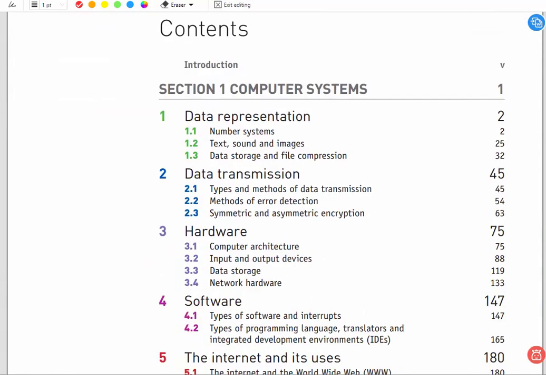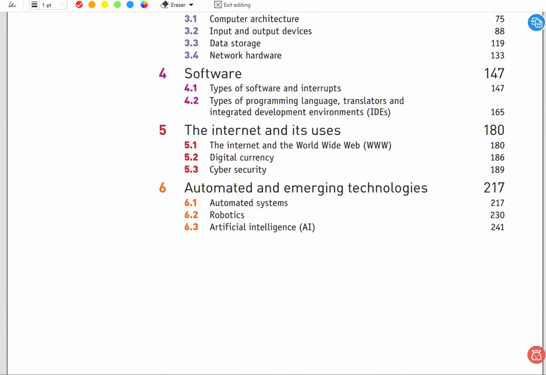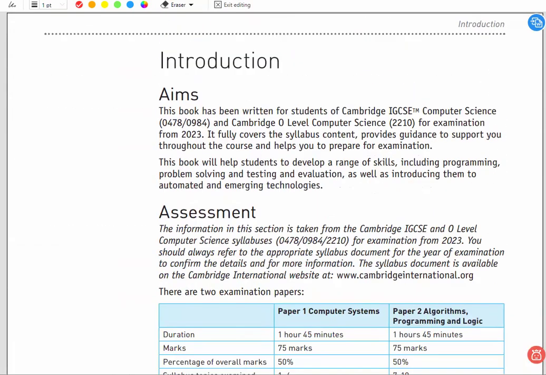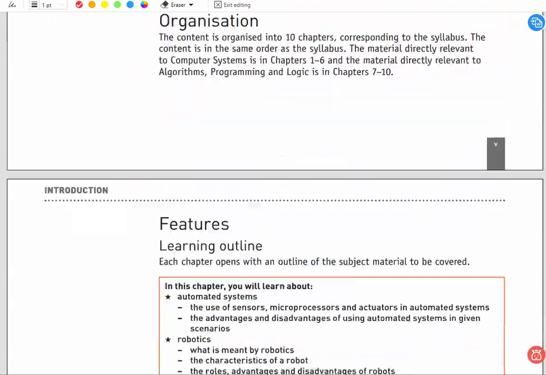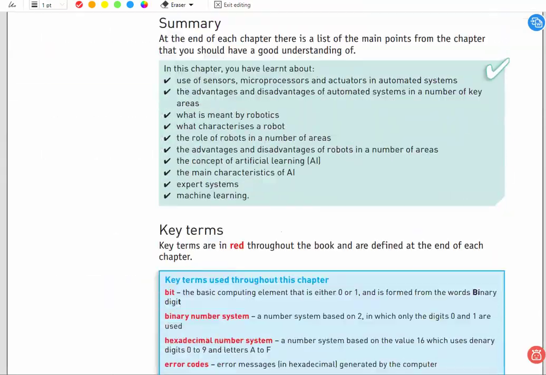Here it is. This is the content. We are going to start with computer system, data representation, data transmission, hardware, and so on. And similarly, we will continue with software, internet and its users, automated and emerging technologies, and then the second part we have already told you, and we are going to start our first lecture right now.